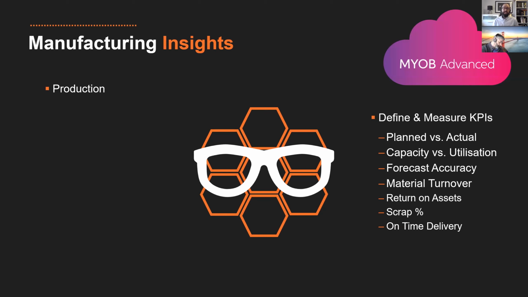Once the production KPIs are in place and complemented with your typical reports, such as what your work in progress is like, what your on-time delivery is like, your schedules, and your forecasting coming from sales or planning, that can be overlaid with financial data, sales data, how your vendors are performing, your inventory performance and position, and how your resources, both mechanical machinery and your human resources, are performing as well.